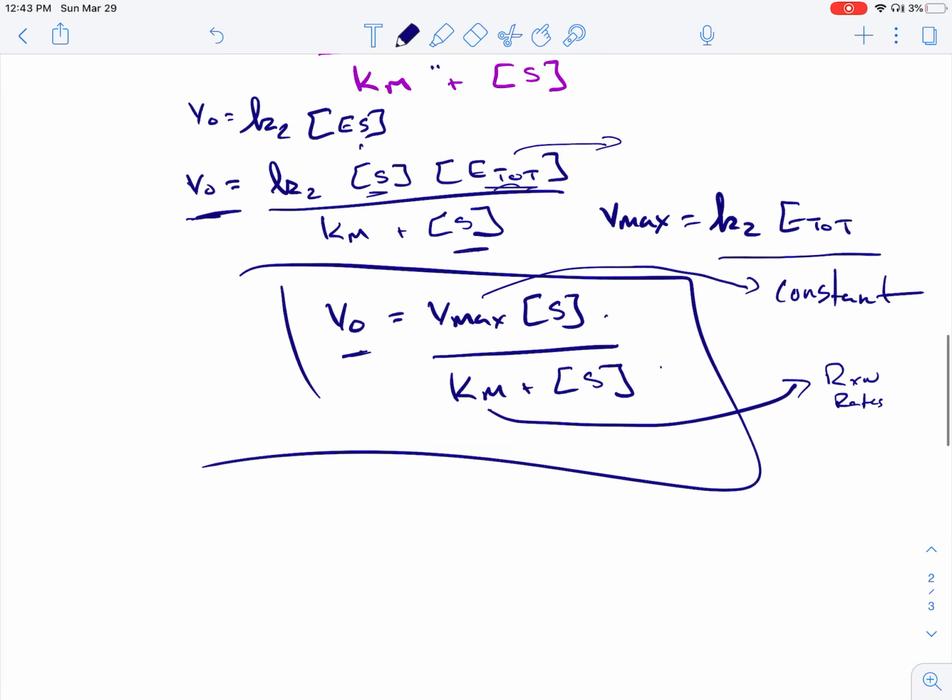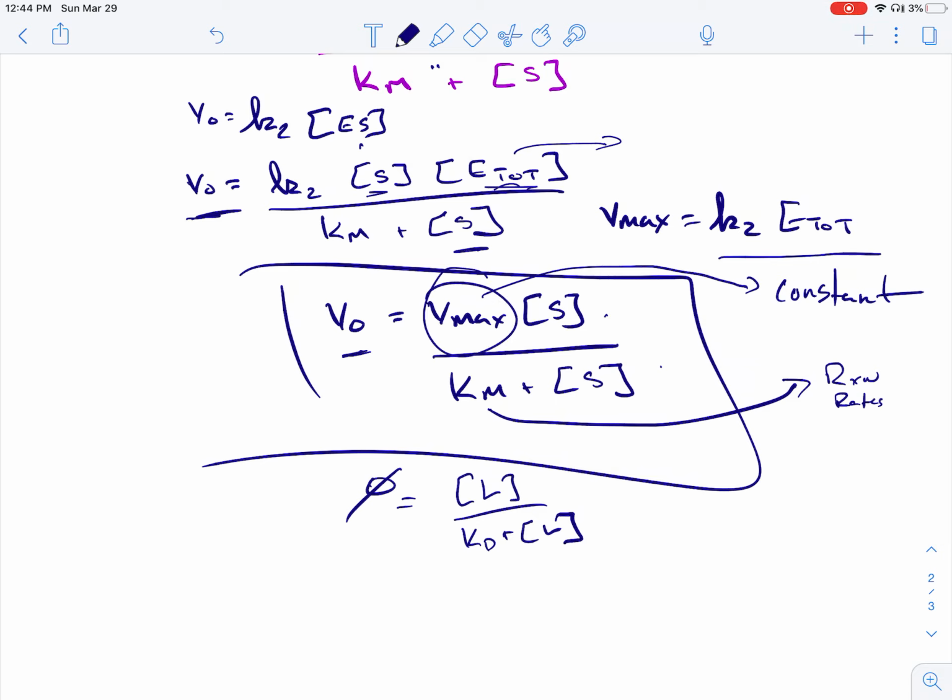Now, remember, what did the ligand binding, the fraction of saturation equation look like? Theta was equal to what? L over Kd plus L, right? So it looks very similar to our original fractional saturation binding, except now we have an expression that factors in the catalytic activity of the enzyme.